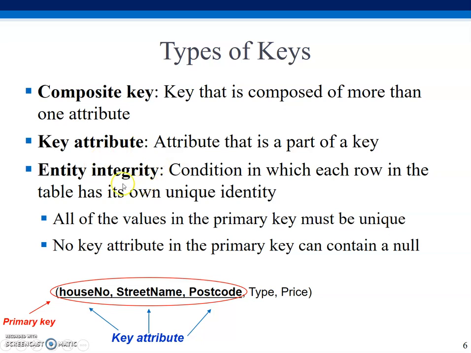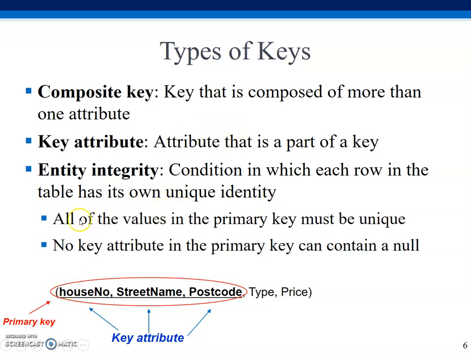Now there is this particular term called entity integrity. It is a condition in which every row in the table has its own unique identity. It's a very simple concept. If I say that this table follows entity integrity, that means all the primary key values are unique.